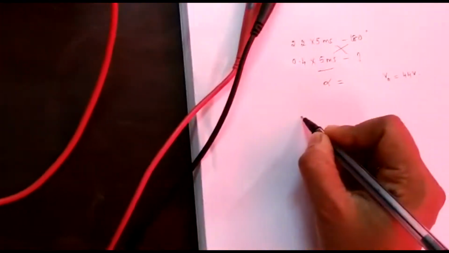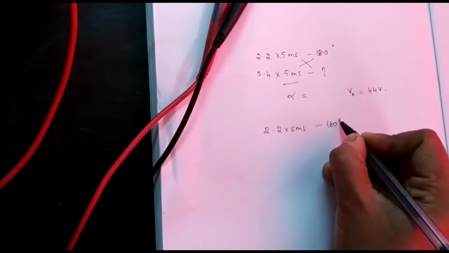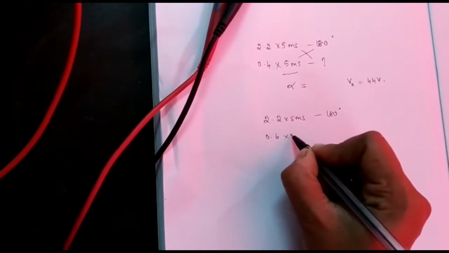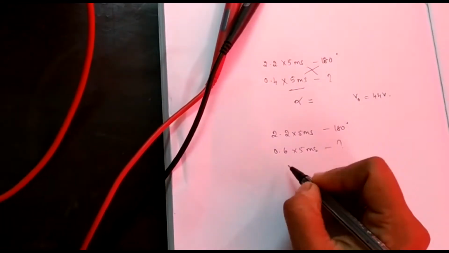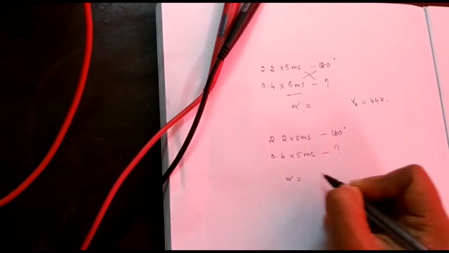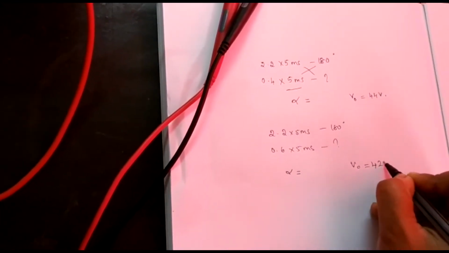Our second value: 2.2 into 5 milliseconds is 180 degrees. So, 0.6 into 5 milliseconds is how much? That gives you the second firing angle alpha, for which our V0 is equal to 42 volts.